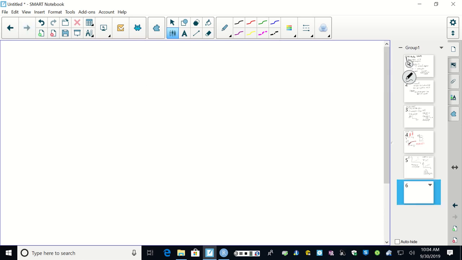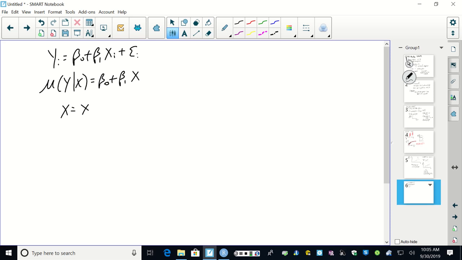Right? So if the ordinary model is y equals beta 0 plus beta 1 x plus this residual, then the mean of y given x, the mean function, is this. If you change x by a certain amount, a new x prime is x plus a little delta x.